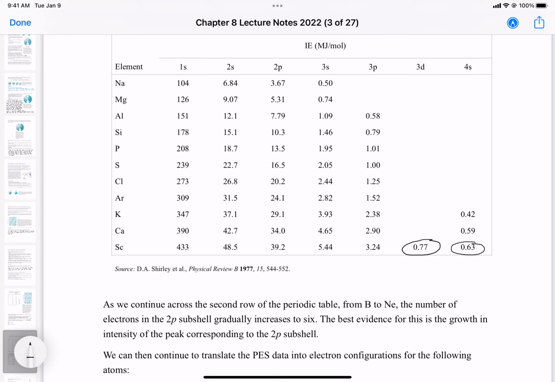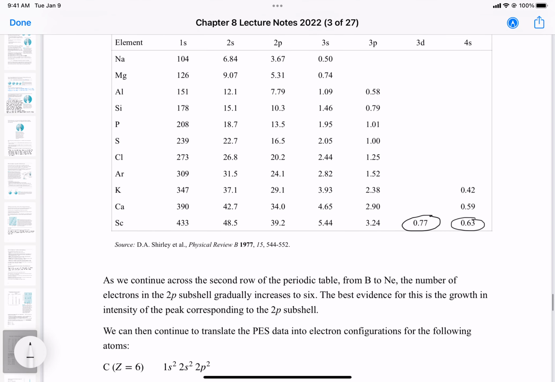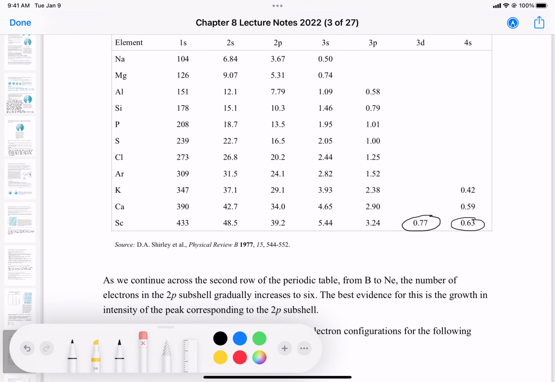So when we remove an electron, we're not removing it from the 3d, we remove it from the highest occupied orbital, and that's the 4s. That's one of those discrepancies we see here. Even though 3 comes before the 4th energy level, the d orbital is so far away from the nucleus.